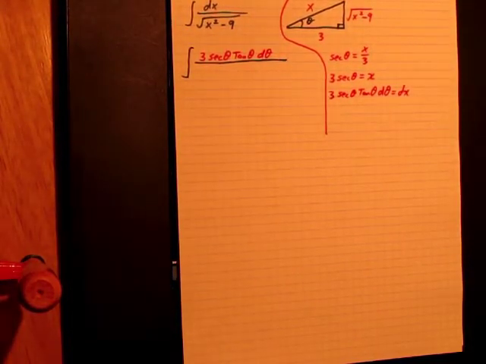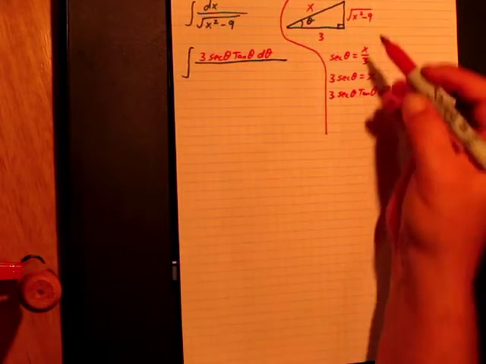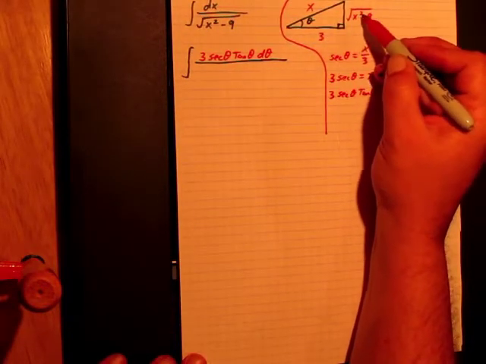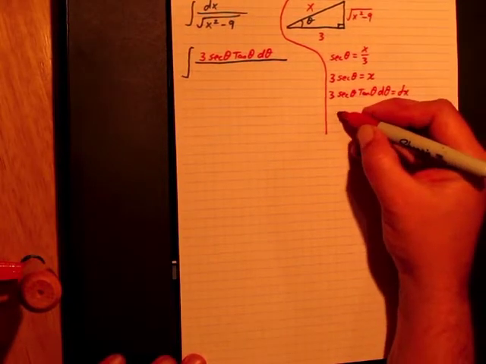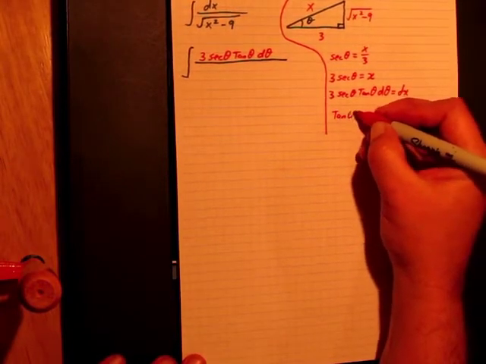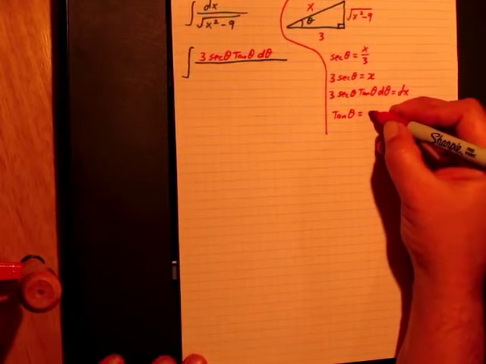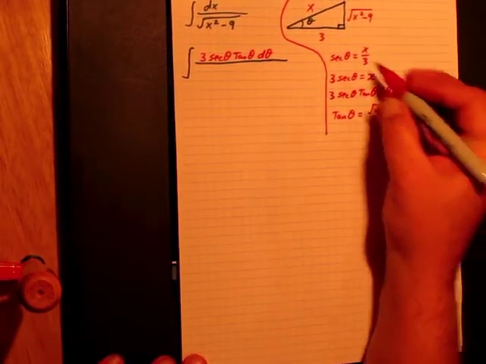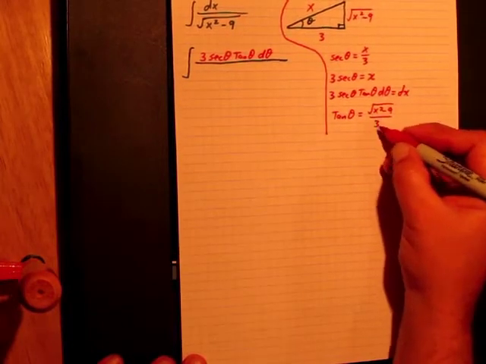The denominator is the square root. So you're looking for what trig function involves the square root and the constant. That's opposite over hypotenuse, which should be tangent. Tangent is the opposite, square root of x squared minus 9, over adjacent, which is 3.